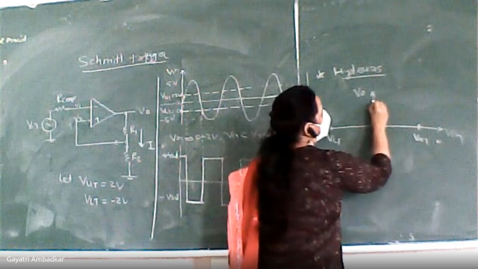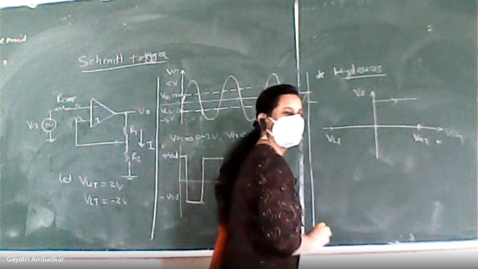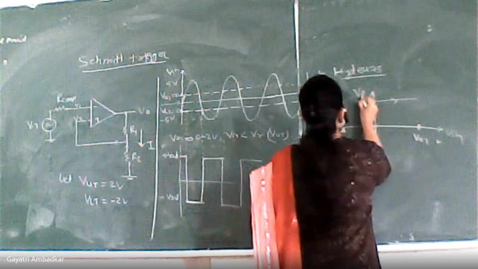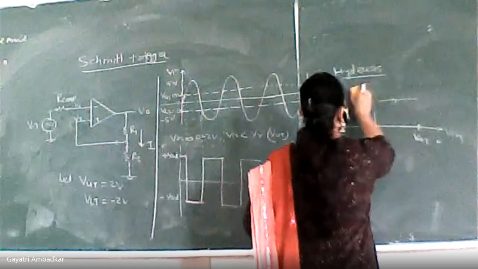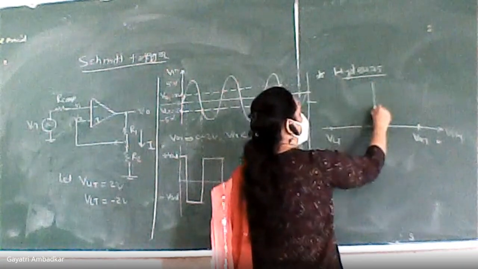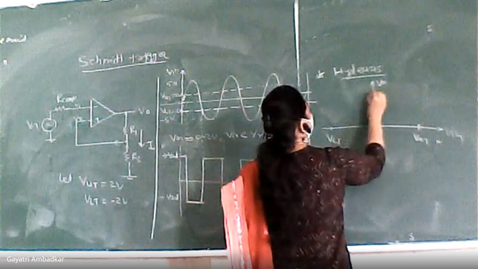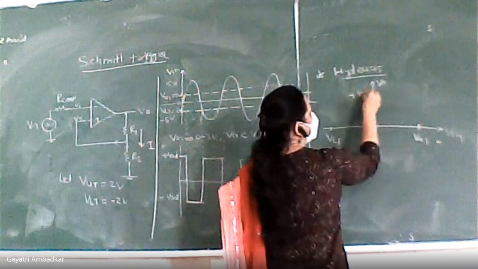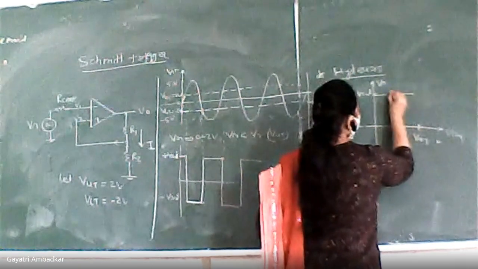So I will draw here, plus Vsat. This output will be plus Vsat.